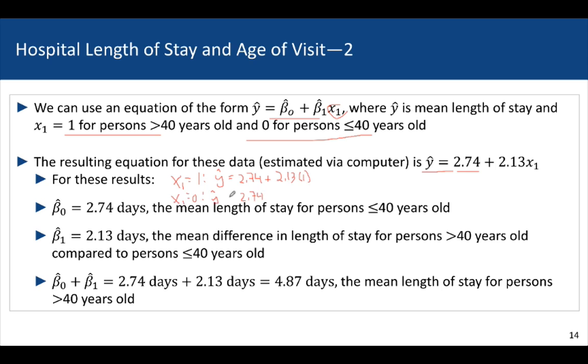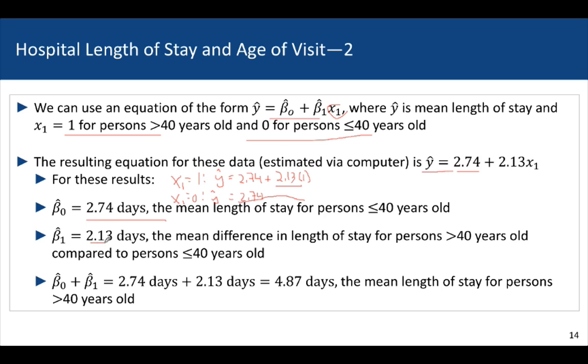We'd take the slope, 2.13, but we'd multiply it by 0, so it would not show up in the equation for those in the reference group, the value 0 for persons less than or equal to 40. So this intercept is simply the mean length of stay for that reference group, persons less than or equal to 40 years old.